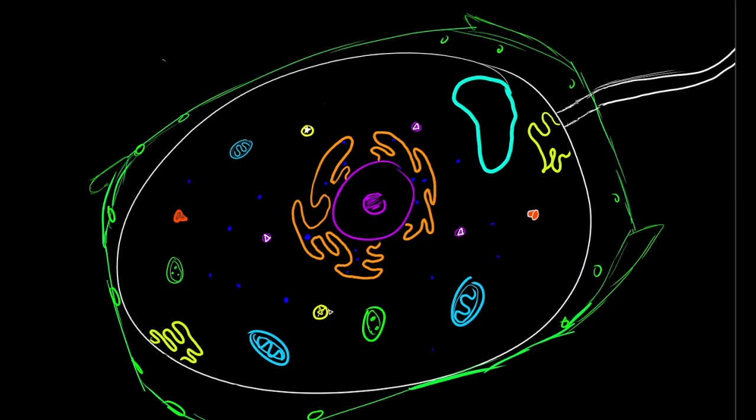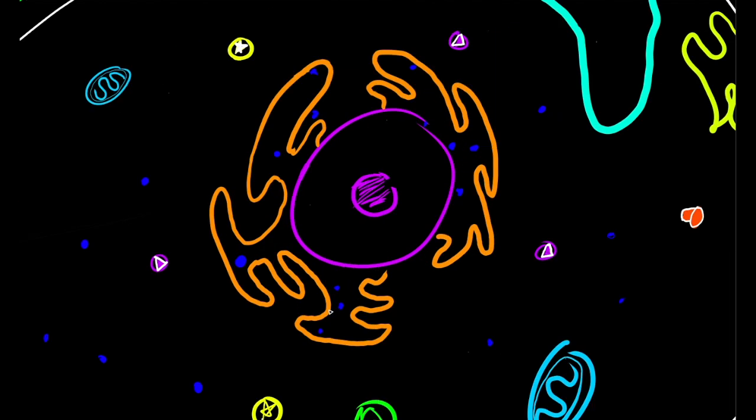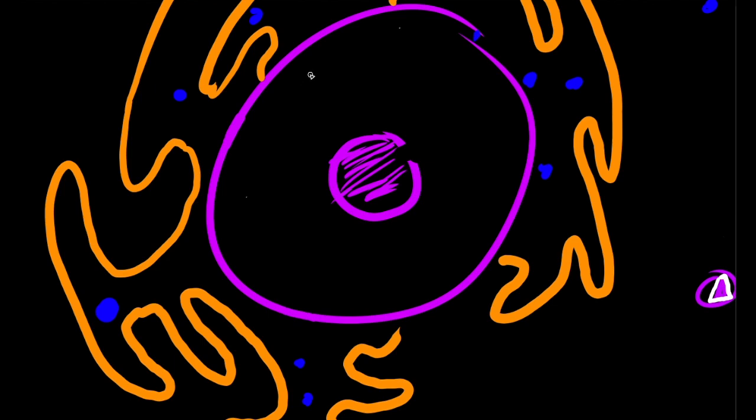And one of the most important things to know at the cellular level is organelles and cells. Here I have a very rough drawing of a cell and all the organelles that you really need to know for pre-AP biology. The first one is the nucleus.